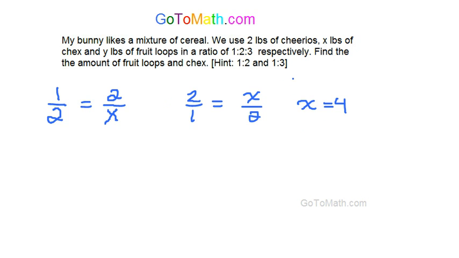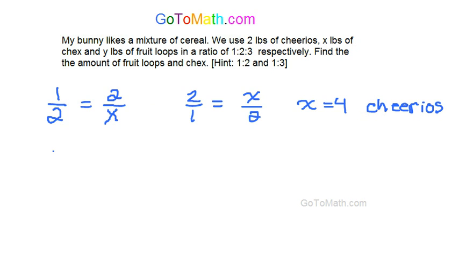Alright, so you'll want to mix 4 pounds of Chex. Actually, he likes Honey Nut Cheerios. Alright, so let's now take a look at this other one here. We got 1 to 3.